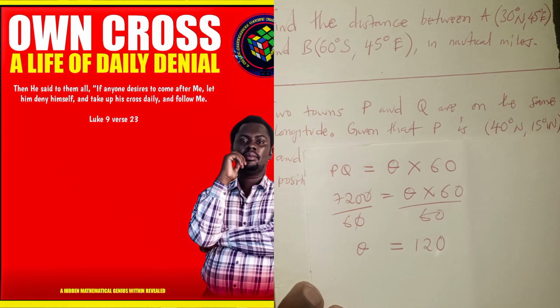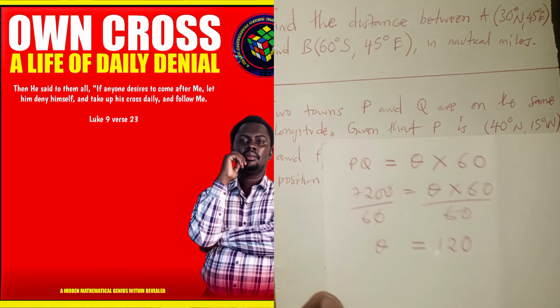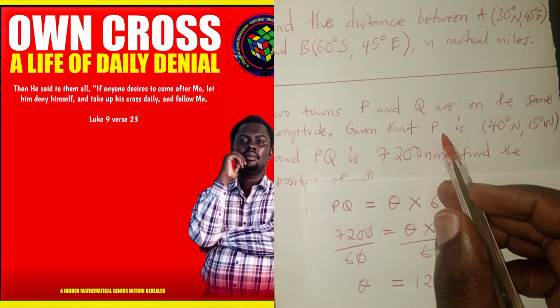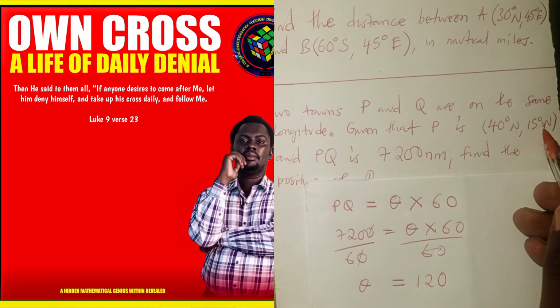So this 120 degrees is the difference in latitude, since they are on the same longitude. We know that P is on latitude 60 degrees north and 15 degrees west.